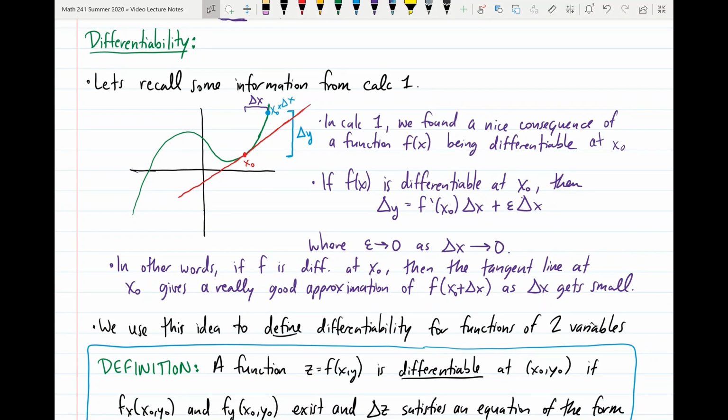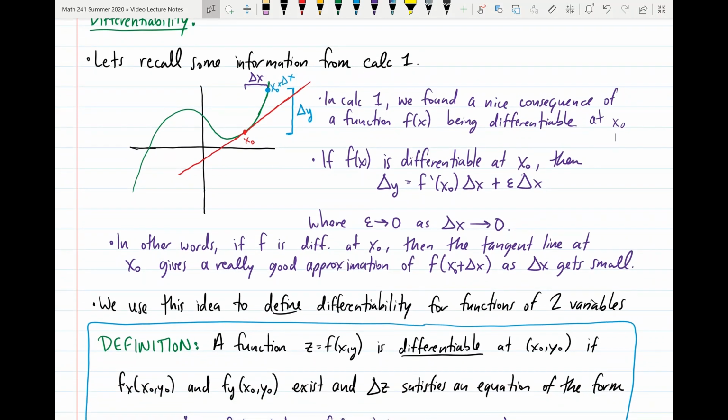But in Calc 1, we found a nice consequence of the fact that a function, say f of x, is differentiable at a point x naught. And you can refer to the diagram as I'm saying a bunch of these different things here.